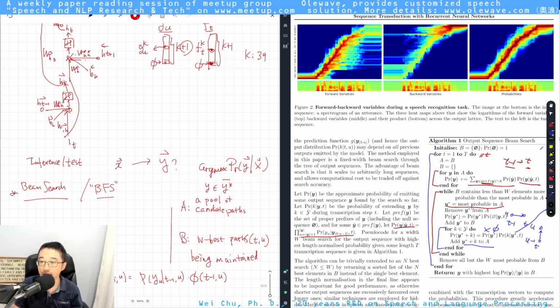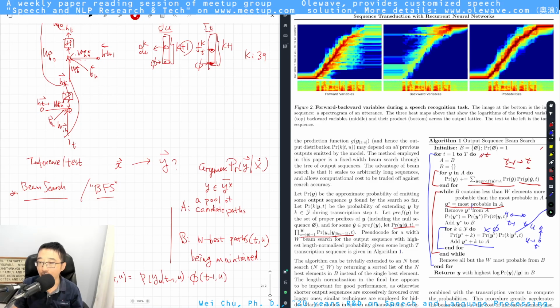Okay, now this is the occasion that a sequence which has length of u plus 1 is being added to the set A. And after doing this, whenever you remove a candidate from A, you just start to span out from the removed node.